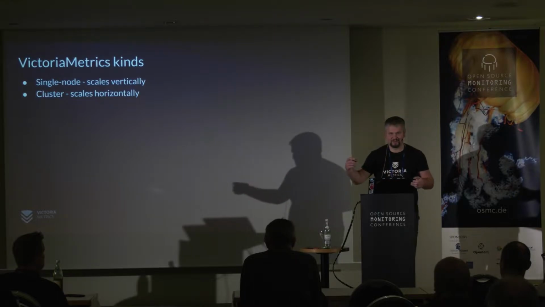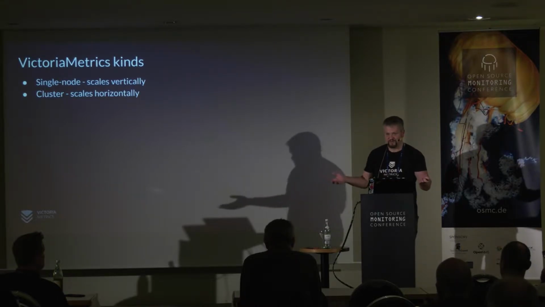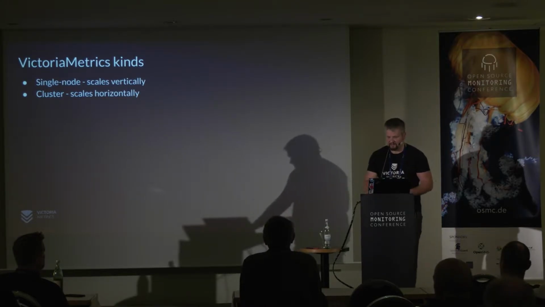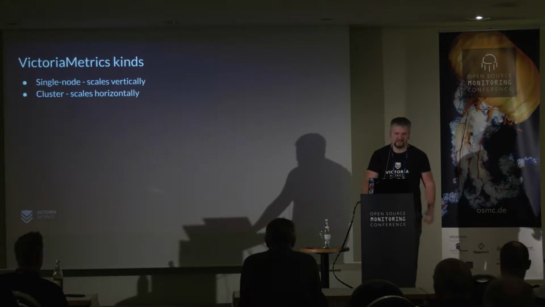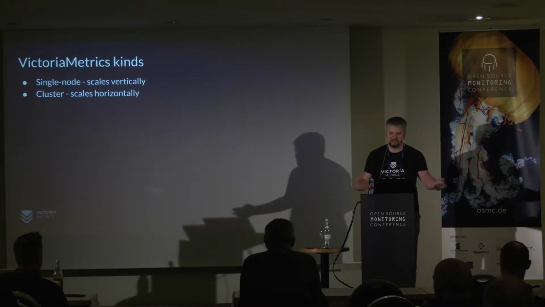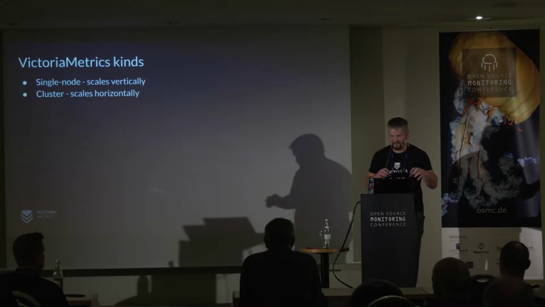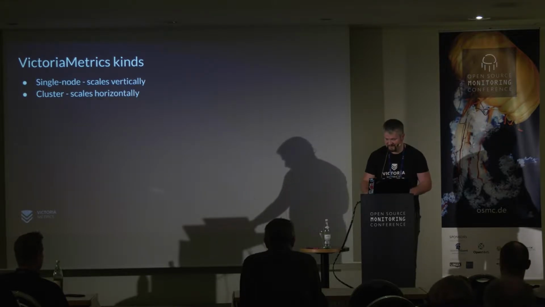This means if you migrate from 2 CPUs to 4 CPUs, then it's likely its capacity and performance will increase twice. And the cluster version of VictoriaMetrics scales horizontally. This means it can scale to any number of host computers it runs on in a cluster.